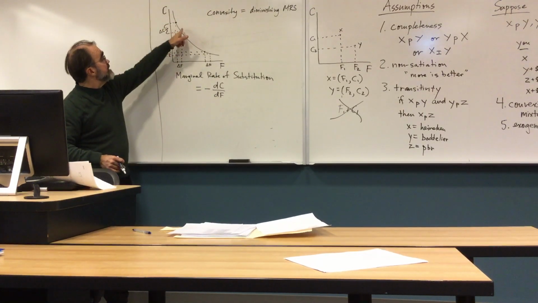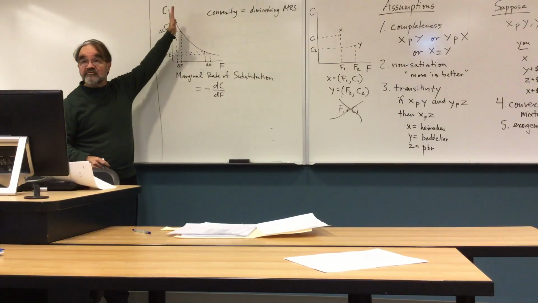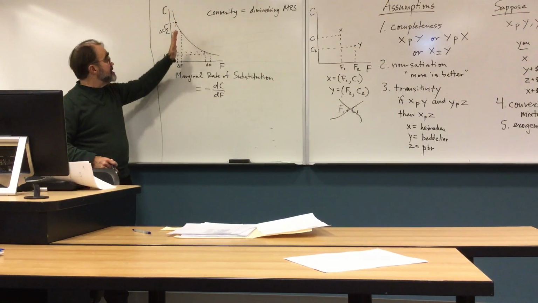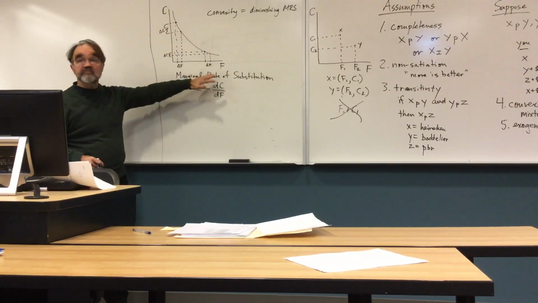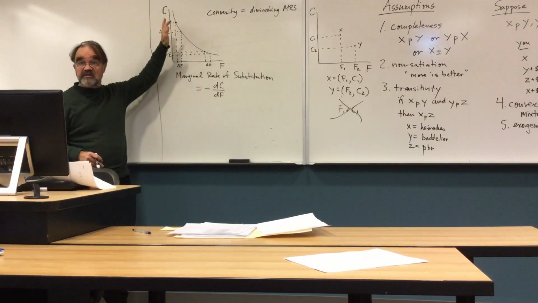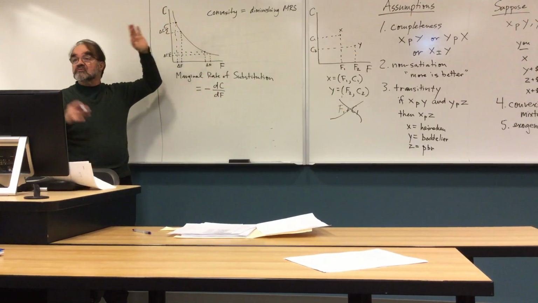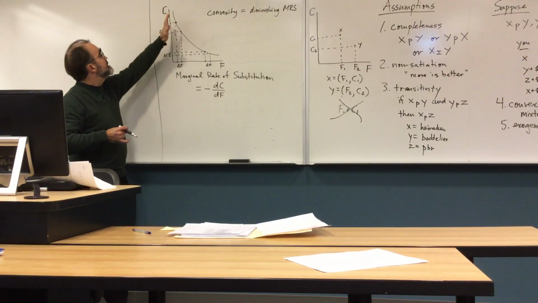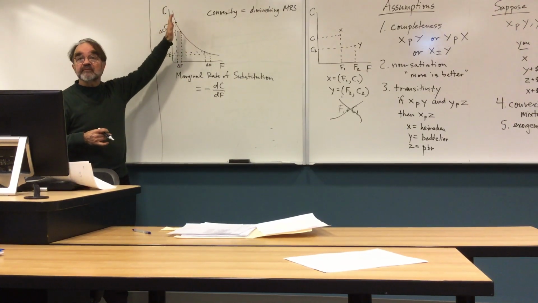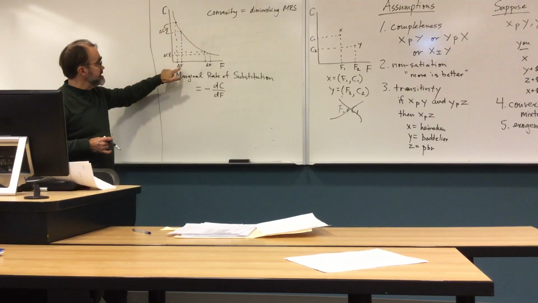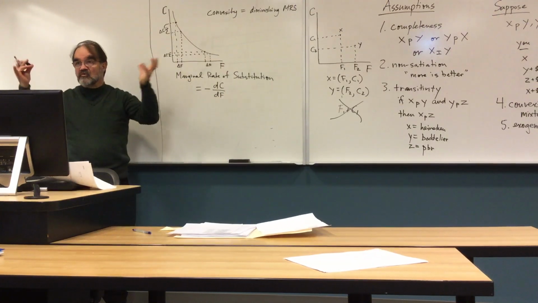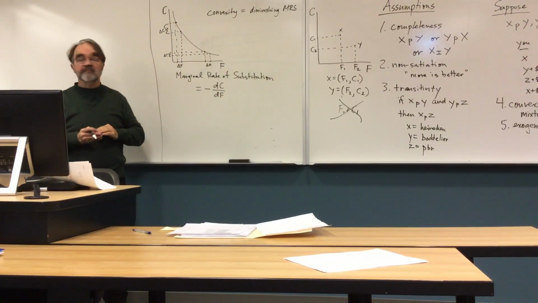So up and to the left on the indifference curve, because the consumer doesn't have very much food but has a lot of clothing, relatively speaking, he or she is willing to give up a lot of clothing to get an additional unit of food.